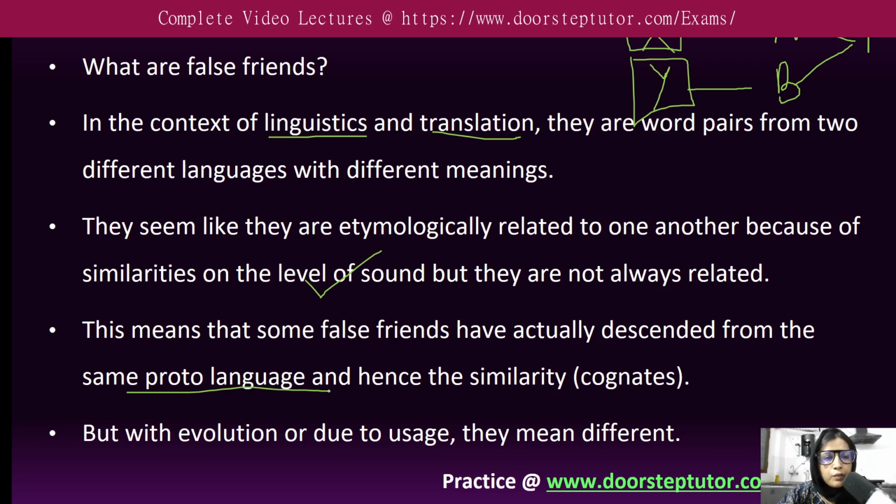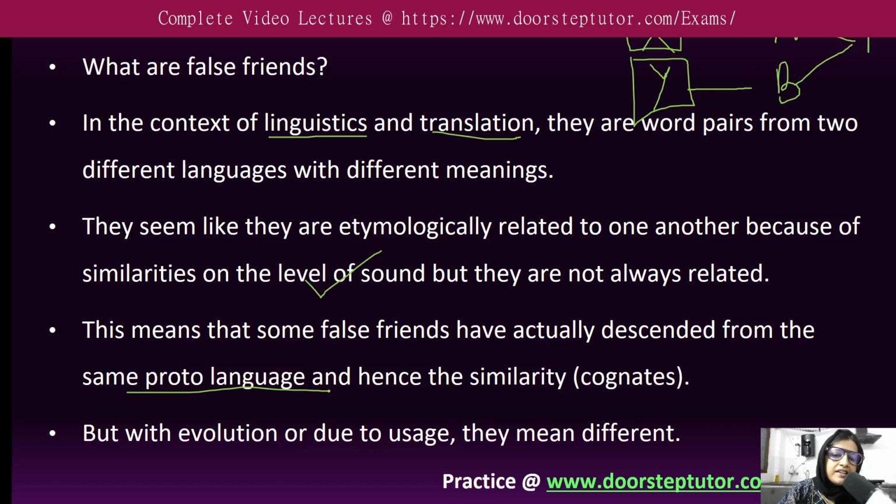Okay, now why are they called false friends? They have descended from the same family, but still they are called false friends. It is because of the fact that due to their same etymology and similar phonology, people get confused that they mean the same, but actually the meanings are different.